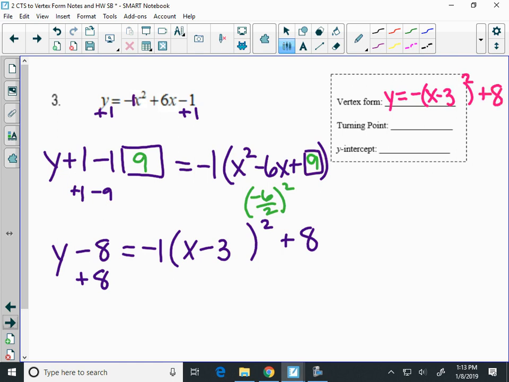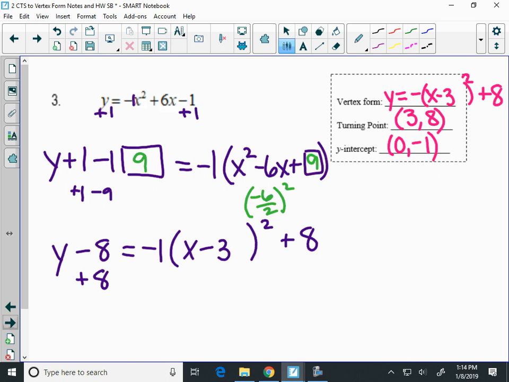What's the vertex of this parabola, the turning point? Positive 3, right? Opposite here. So 3, 8. And where's the y-intercept? Negative 1. Take the constant from standard form. Good. Not too bad. We okay to complete the square?